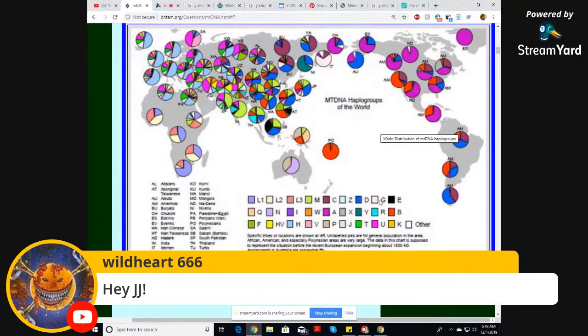M's, everything after M up to Q is Japhethite, and you can see them represented up in here, this area over here. And N, everything after N is Semitic. So it'd be the N, the I.